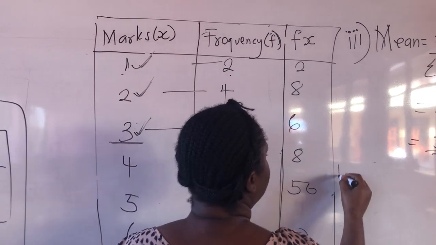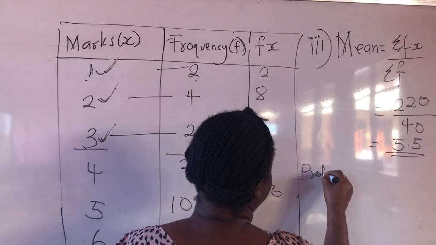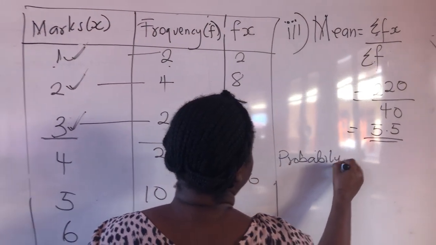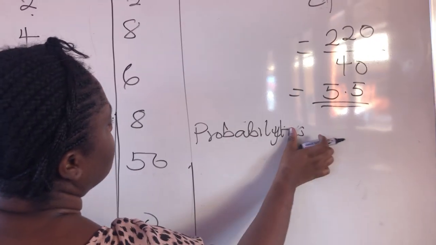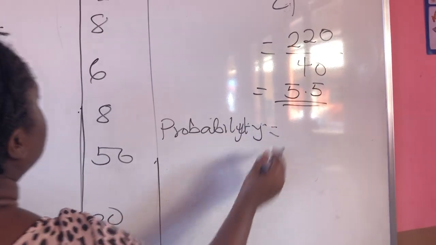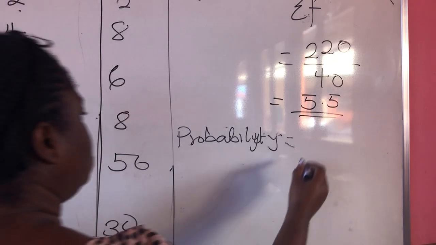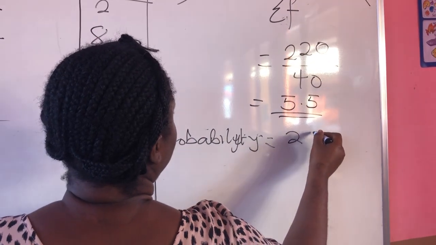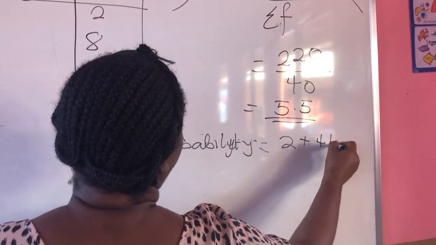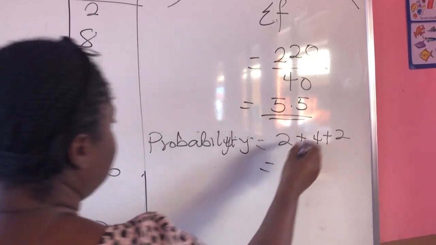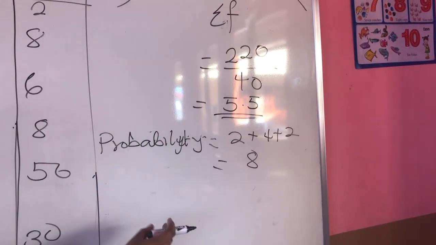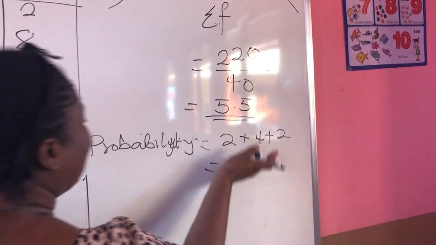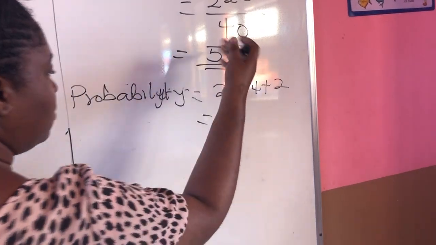So we have 2 plus 4 plus 2. So what do we have here? We have 8. So these are the people that have failed. These people got below 4.